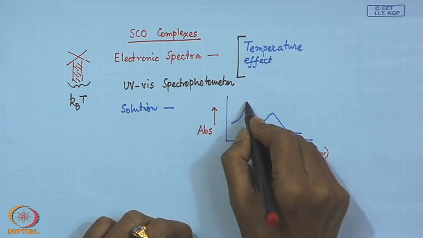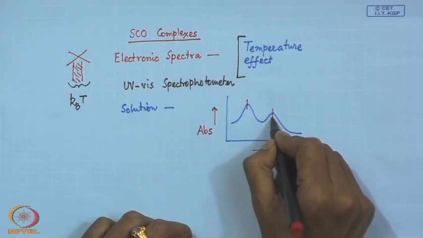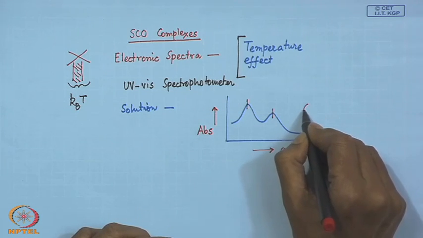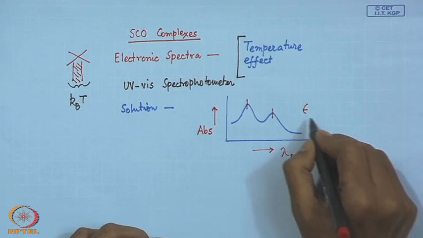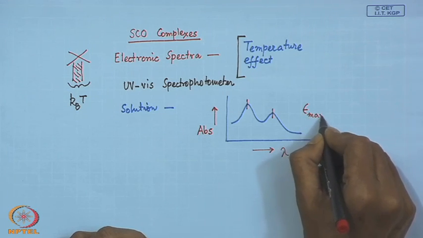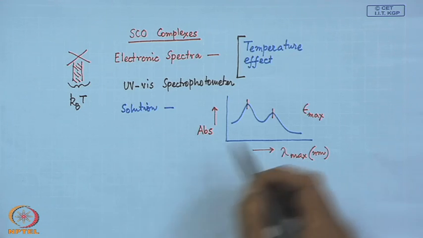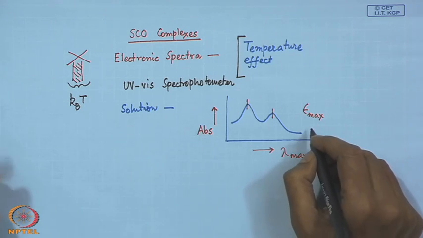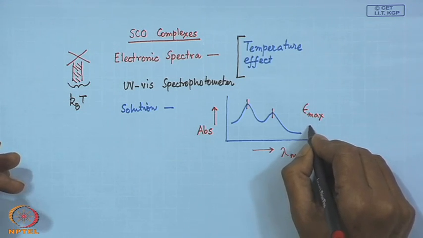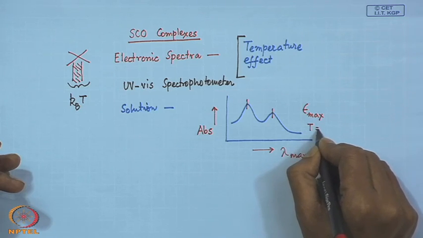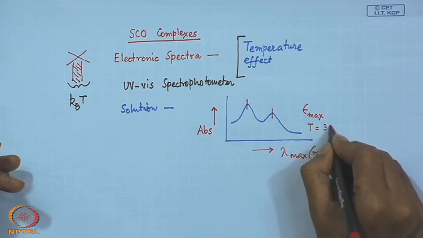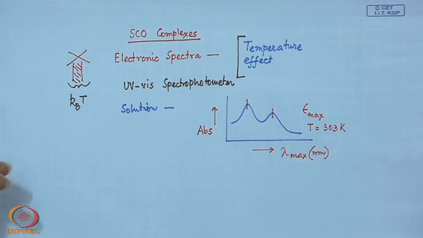Using Lambert-Beer's law we also record the molar absorptivity at the same time. Another parameter we should also label is whether we are measuring this at say 303 Kelvin or some other temperature. That means the temperature is very important and crucial for this sort of measurement.